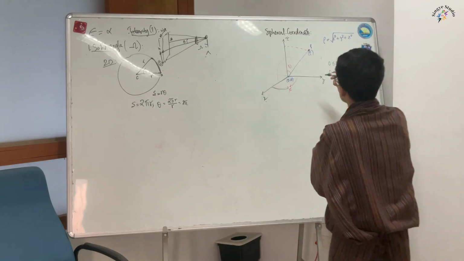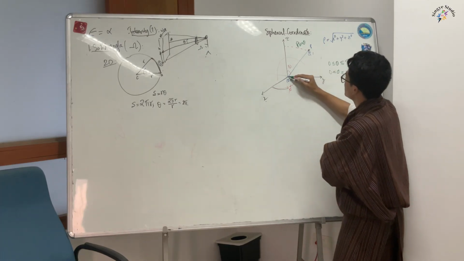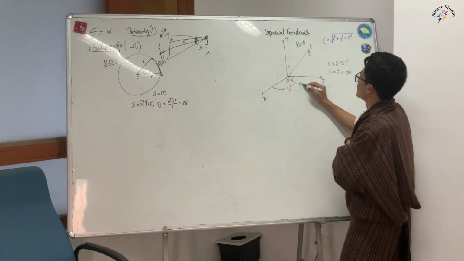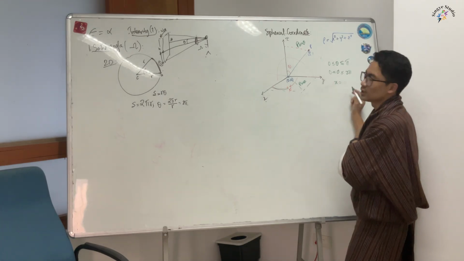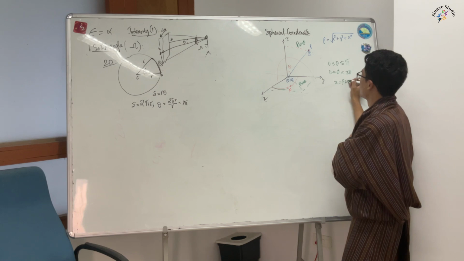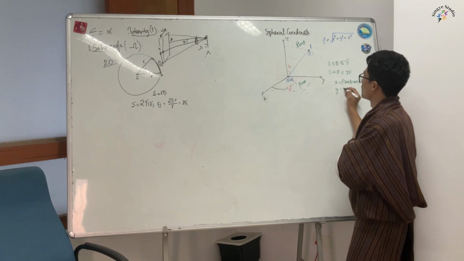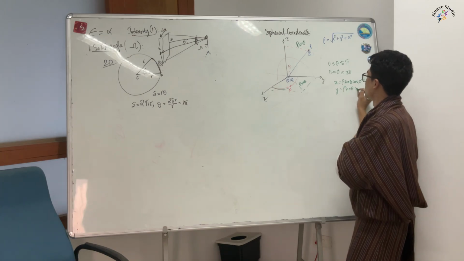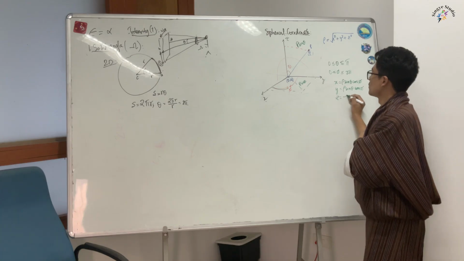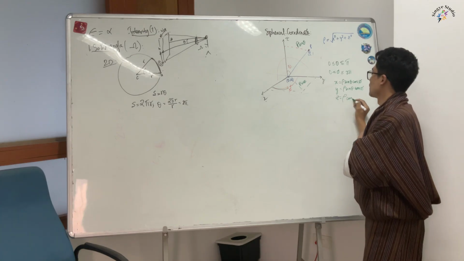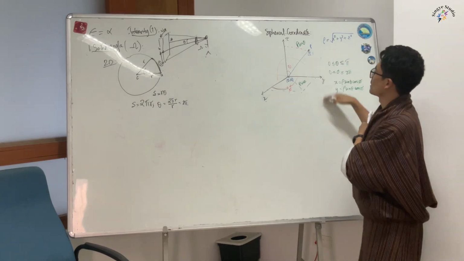So if this is the case, then this will be rho sine of theta, and if this is the case, then this will also be rho sine of theta. Then if you join this, your x equals what? x is rho sine theta cosine phi, y is rho sine theta sine phi, and z equals rho times cosine of theta, and then this is the point.